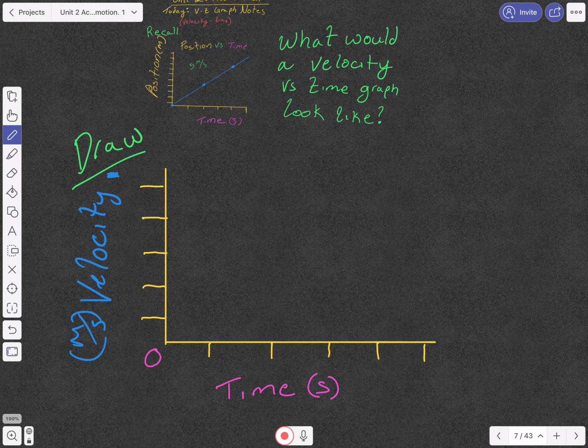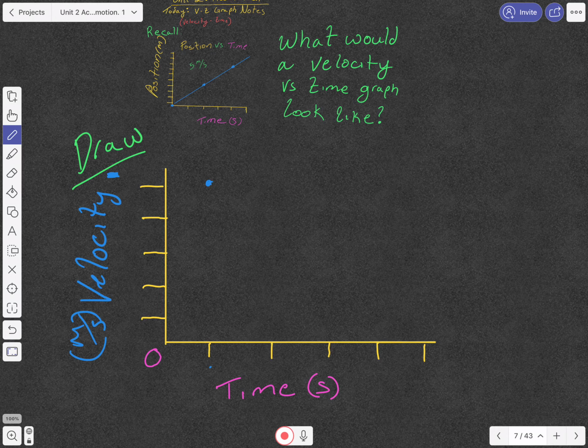And looking back at this graph up here, at 1 second, what was the velocity? Well, that slope is the same all the way through, so it's going to be 5 meters per second.